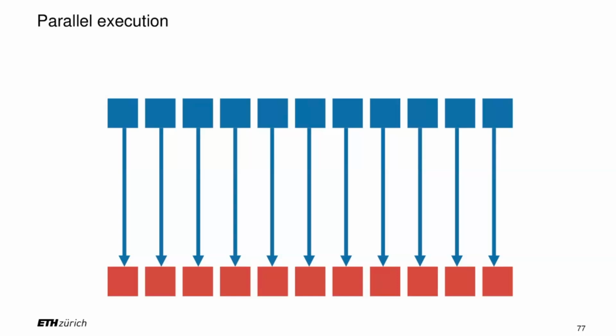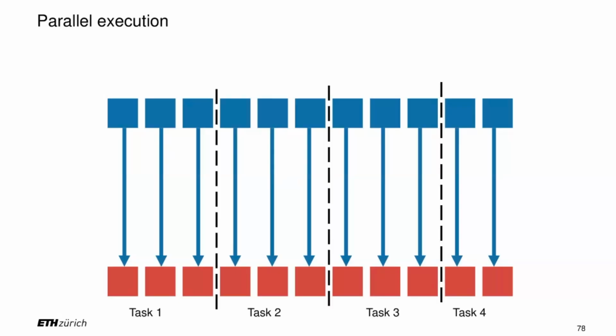We do it, it's written on the slide, in parallel, right? So if I put these lines right here, these vertical lines, I can basically chunk or split or partition, many other words for that, my input. That gives me tasks, right?